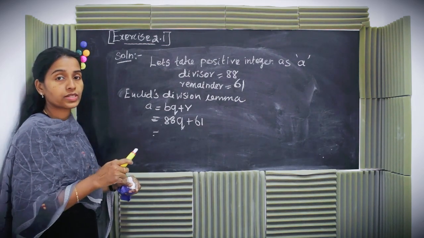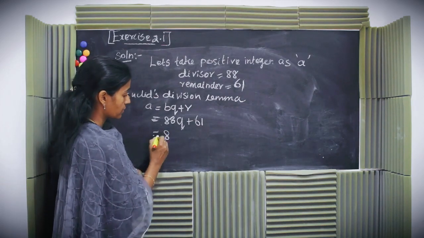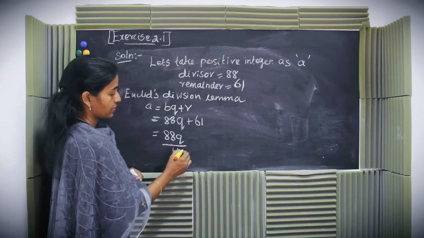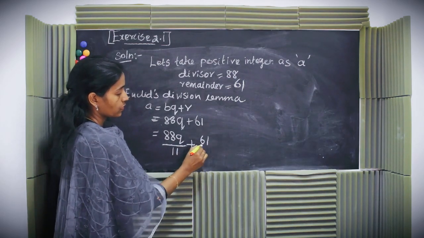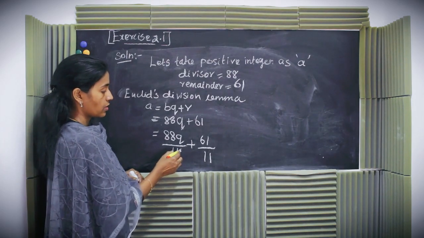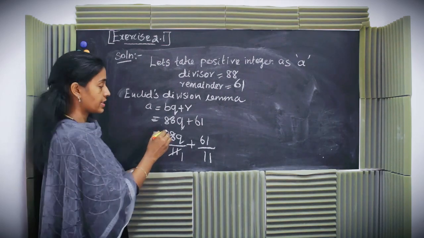So I am going to divide this whole thing by 11. If I am dividing this by 11, we'll be getting this, right? So here 11 is 11, 8 into 11 is 88, right?